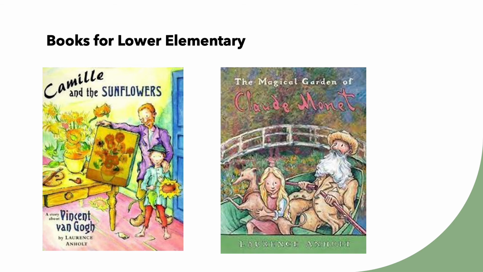A lot of the time they might lose interest or feel like they're being babied too much if we read books like this, which is why the Tate Kids website is a good resource for upper elementary, because they can go and read at their own pace. They have more autonomy with how they're reading, what they're clicking, and how they're engaging, but they're also reading content that is understandable for their age level.